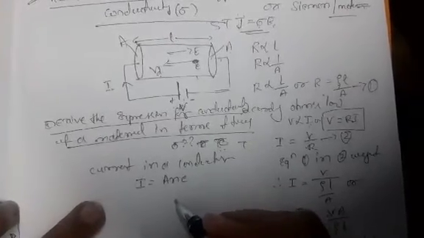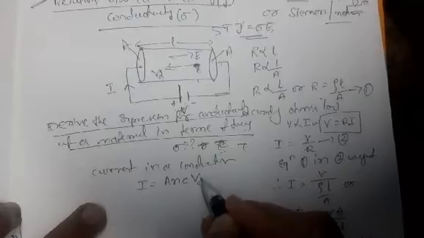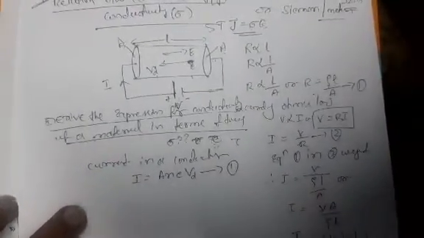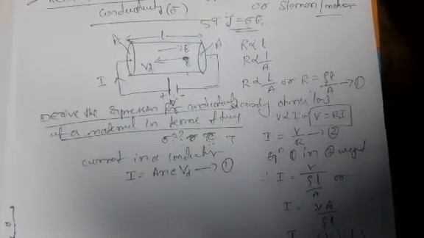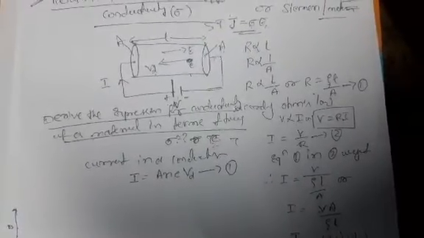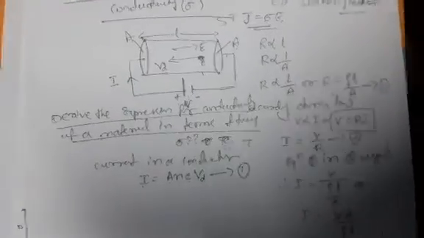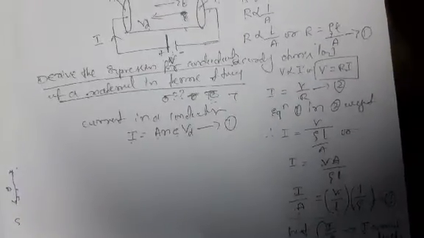E is the charge of the electron, and Vd is the drift velocity of the electron. That is equation number 1. First write the current in a conductor: I is equal to n A e Vd. That is the current in a conductor.